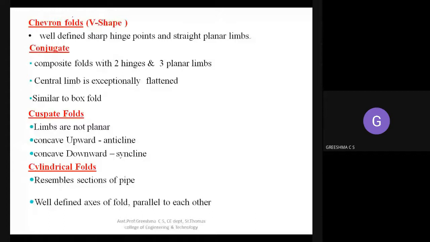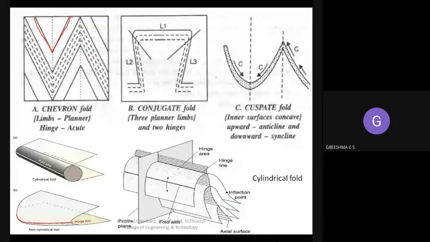Here these are the hinge points, and the limbs will be straight, exactly a V shape. So that is chevron folds: the hinge points will be very definite, and the limbs will be straight.